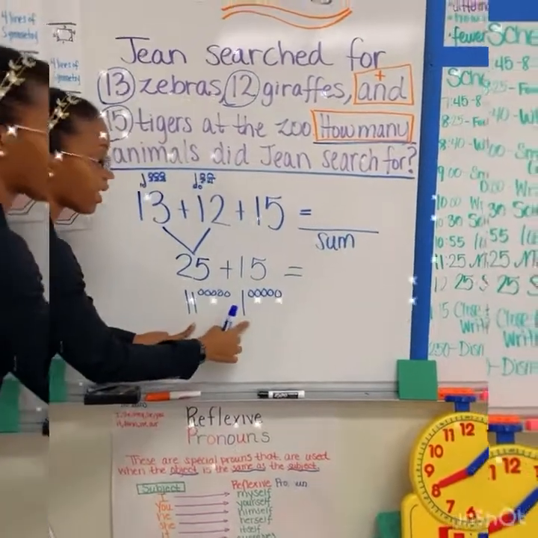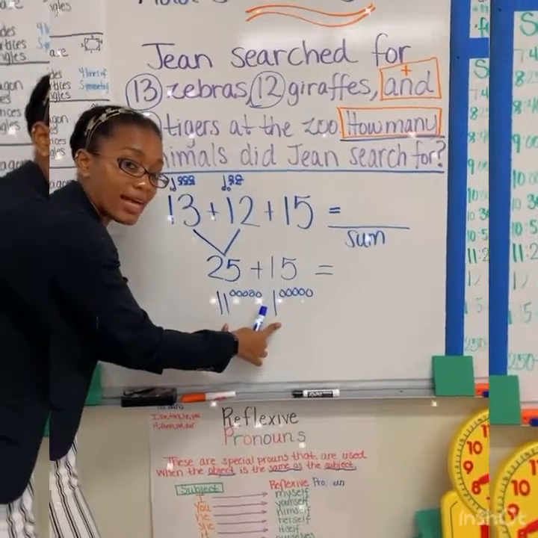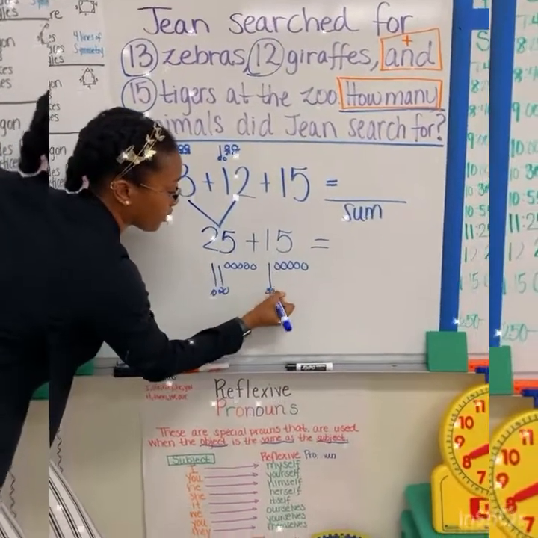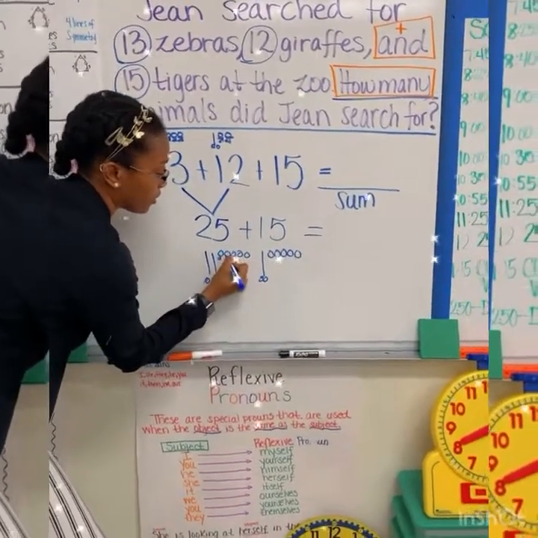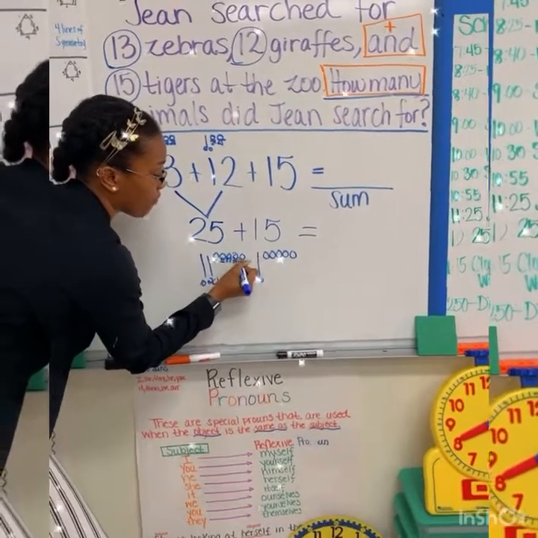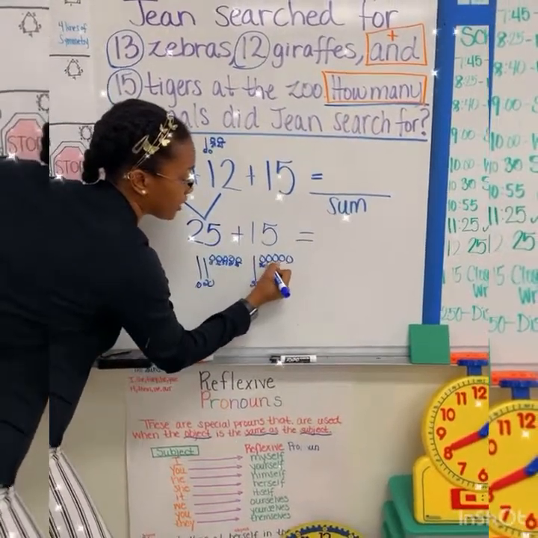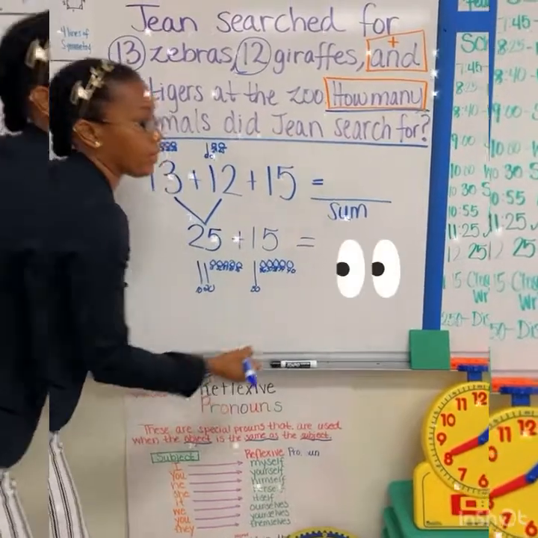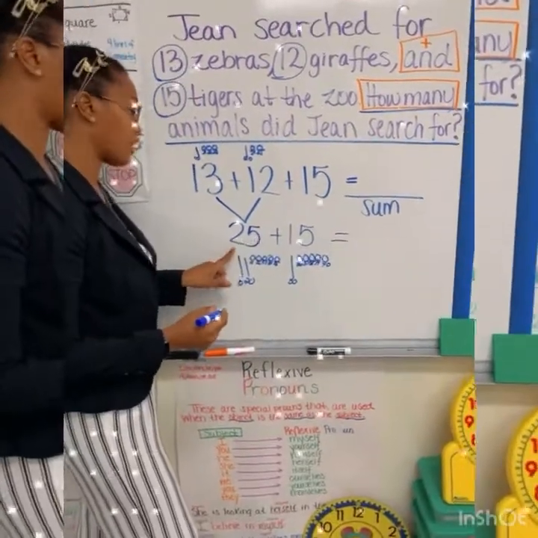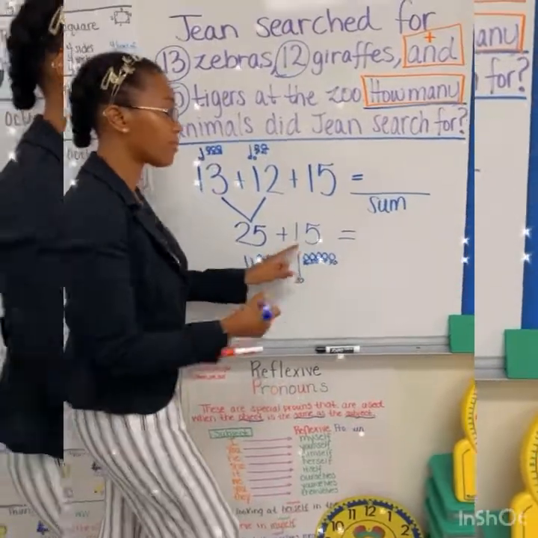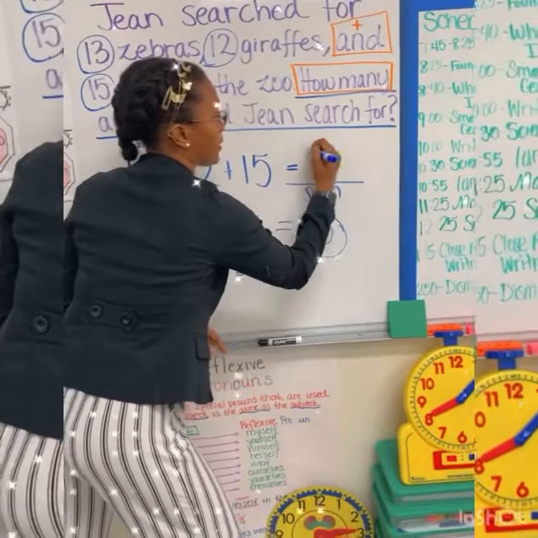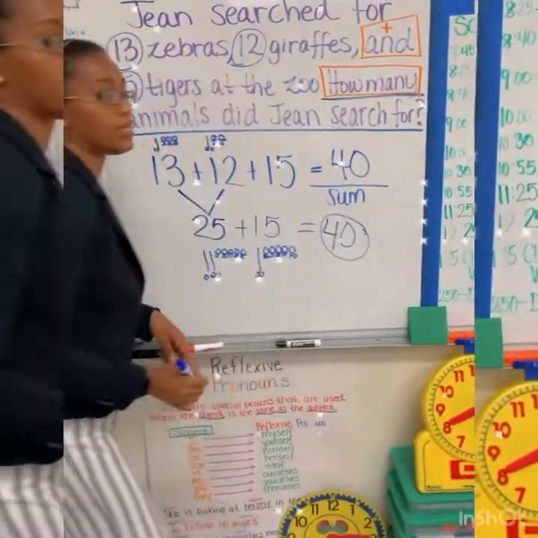I'm going to start counting my highest value first, and that's my tens. So that's 10, 20, 30, 31, 32, 33, 34, 35, 36, 37, 38, 39, 40. So now we know that 25 plus 15 is equal to 40. So my sum is equal to 40.